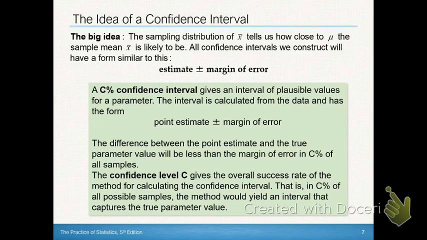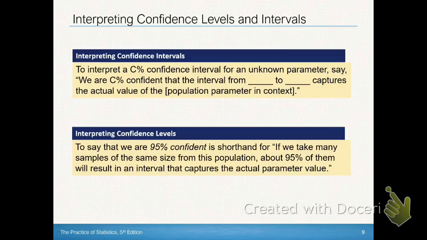Now, the confidence level is how certain you are of your answer. So, are you 95% confident that the true answer lies in between 0.1 and 0.3, or are you 80% confident that the true answer lies in that interval? So, these are two really important sentences.